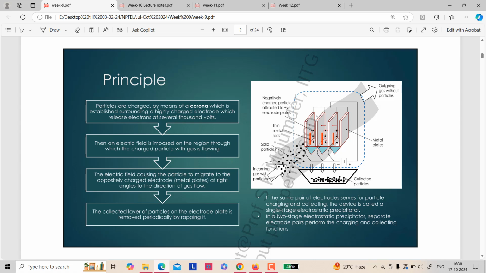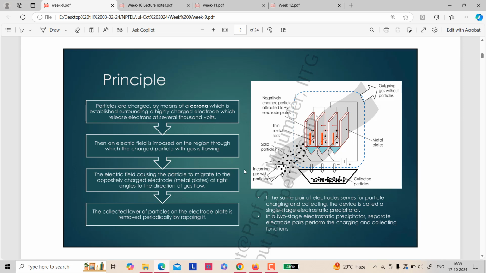The electric field causes the particles to migrate to the oppositely charged electrodes at right angles to the direction of gas flow. The collected layer of particles on the electrode plate is removed periodically by rapping it.